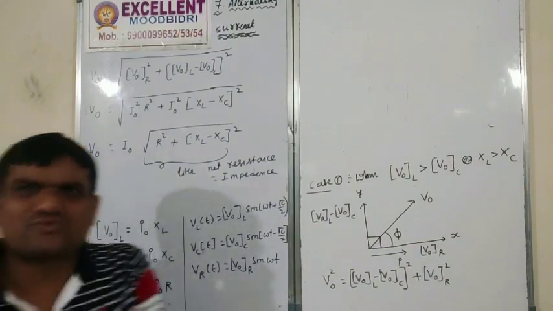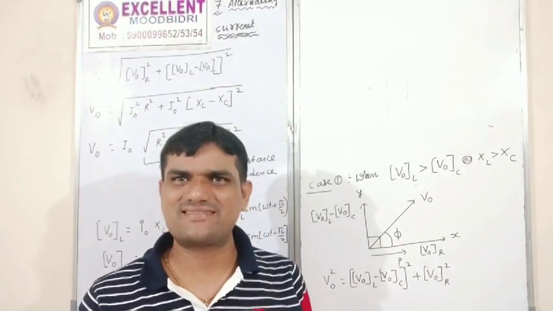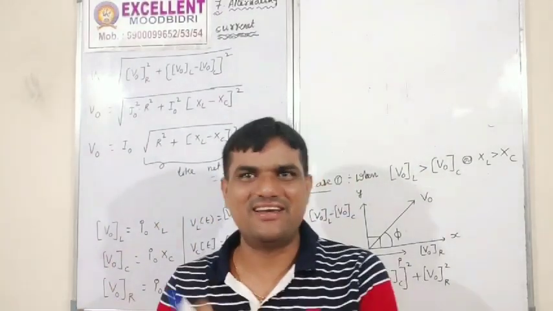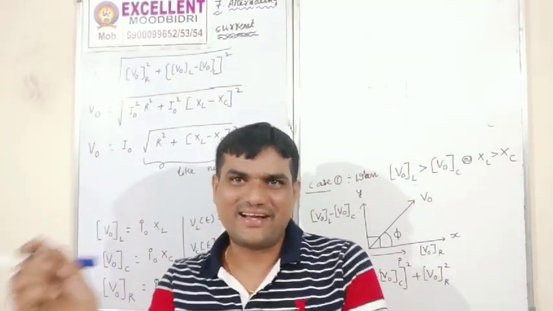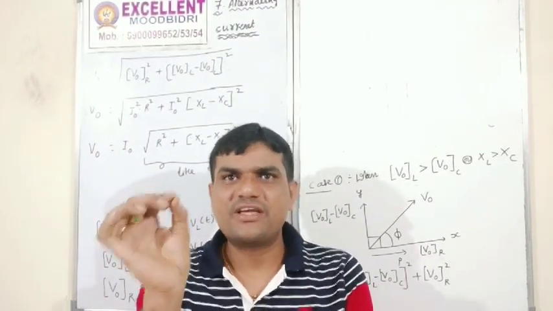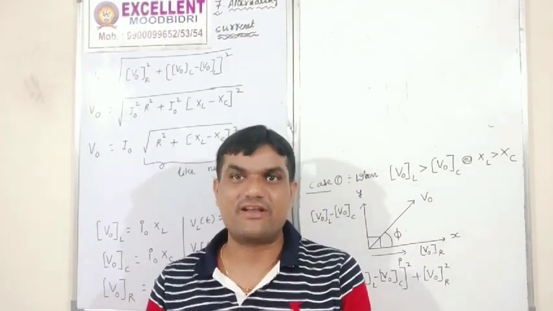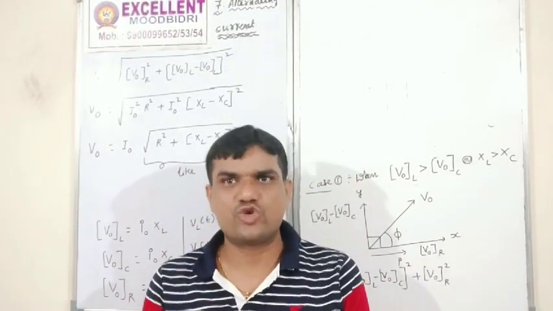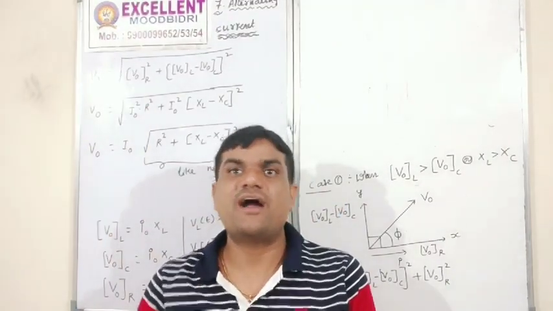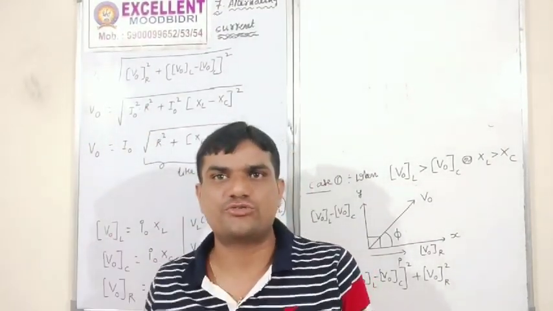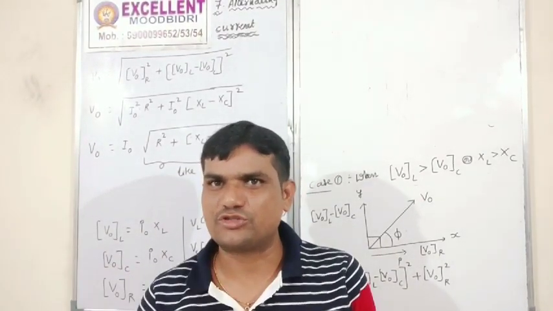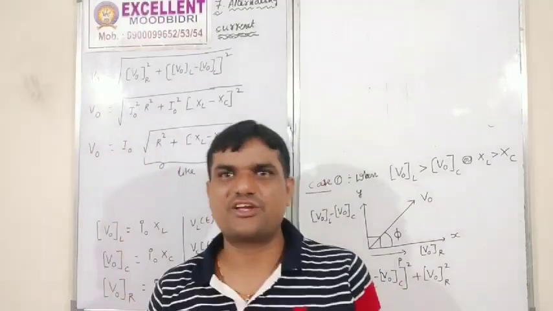Impedance is nothing but this one also one resistance. Like in the inductor circuit, XL is given, the inductive reactance. Correct? In the capacitive circuit, capacitive reactance is given. Similarly, here also, LC circuit as well as RC circuit and LCR series circuit, LR series circuit and CR series circuit, LCR series circuit.